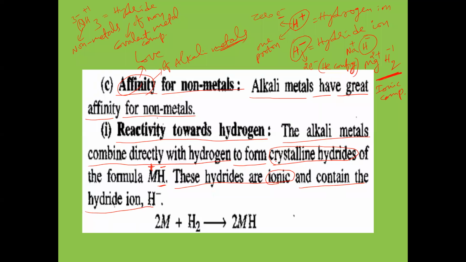Here the alkali metal atom has zero charge initially. Initially, all metal atoms have zero charge. So alkali metal interacts with hydrogen directly. No heating is required. Directly they react to form MH, here M plus 1, H minus 1. So it is a reaction of alkali metals towards hydrogen.